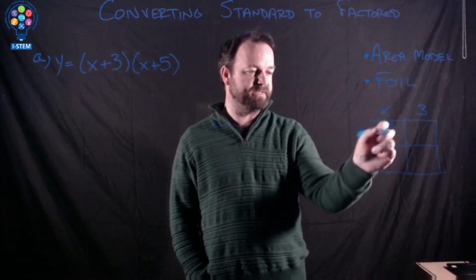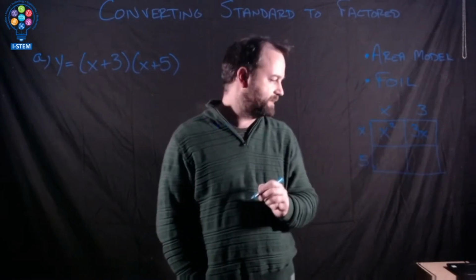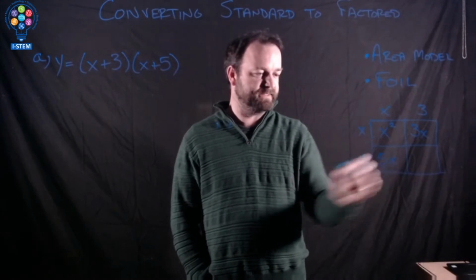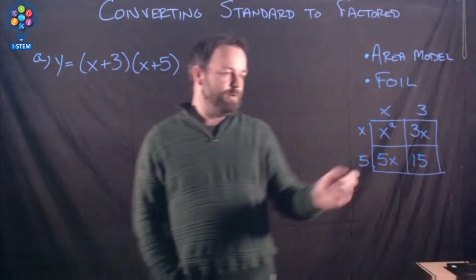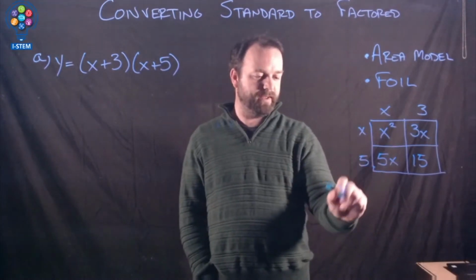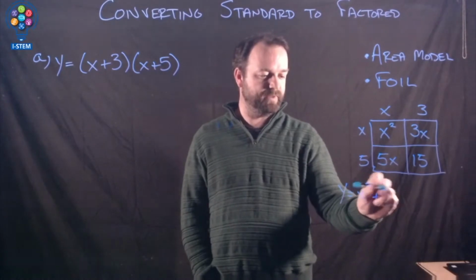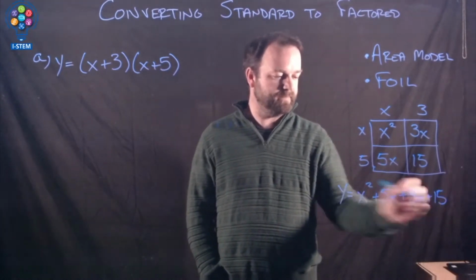So x times x is x squared, x times 3 is 3x, 5 times x is 5x, and 5 times 3 is 15. And so from here, we would rewrite this as x squared plus 5x plus 3x plus 15.